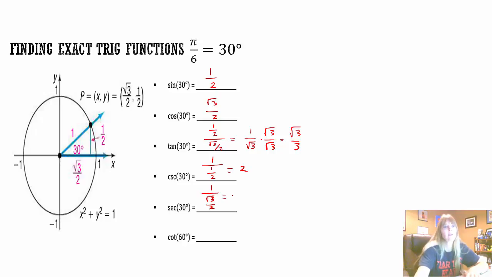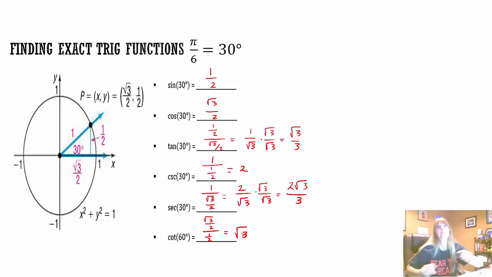Probably you've noticed that you could just go copy the matching ones with the 60 degree. So this becomes 2 over square root of 3, and you see which ones are switching with the 60 degrees. So 2 square roots of 3 over 3. And then finally, I get x over y, and so that becomes the square root of 3.